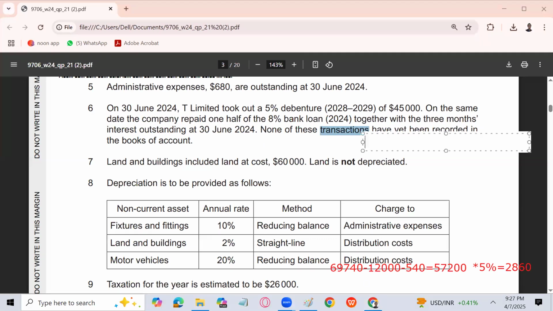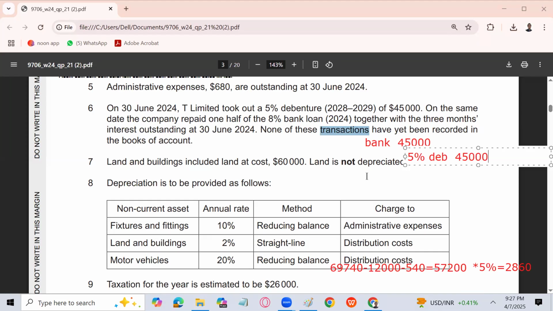Bank debit with 45,000 and 5% debenture is going to be credited. But there is no interest on these debentures. Why, sir? Because they are issued at the end of the year. And with that, we are making the payment of the 8% bank loan. So half of the bank loan is supposed to be paid.